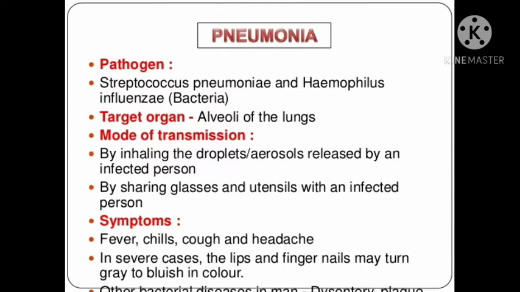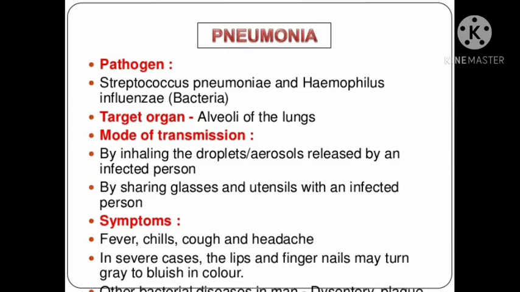Pneumonia being a disease of the respiratory system, the lungs, the symptoms are cough, headache, commonly fever, and also fever chills. In severe cases of pneumonia, because the alveoli are affected, the exchange of gases does not take place in an efficient manner, and oxygen supplied to the cells is less.